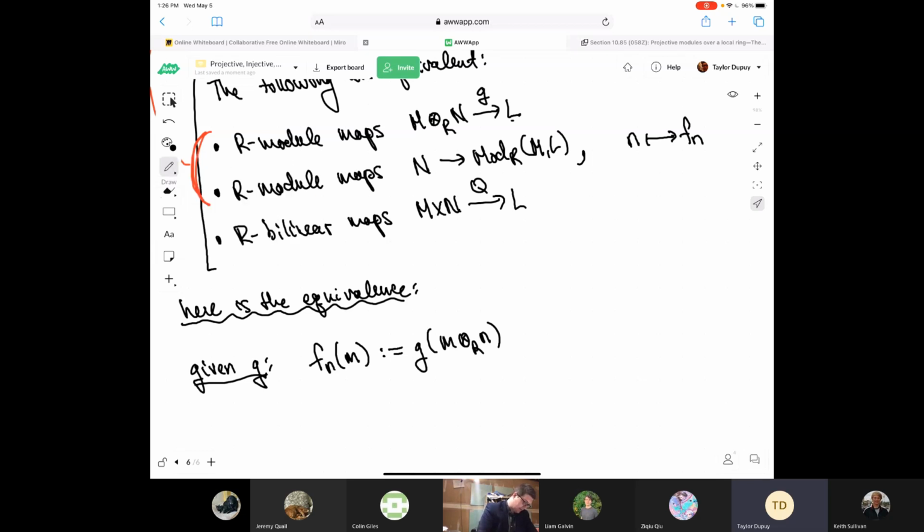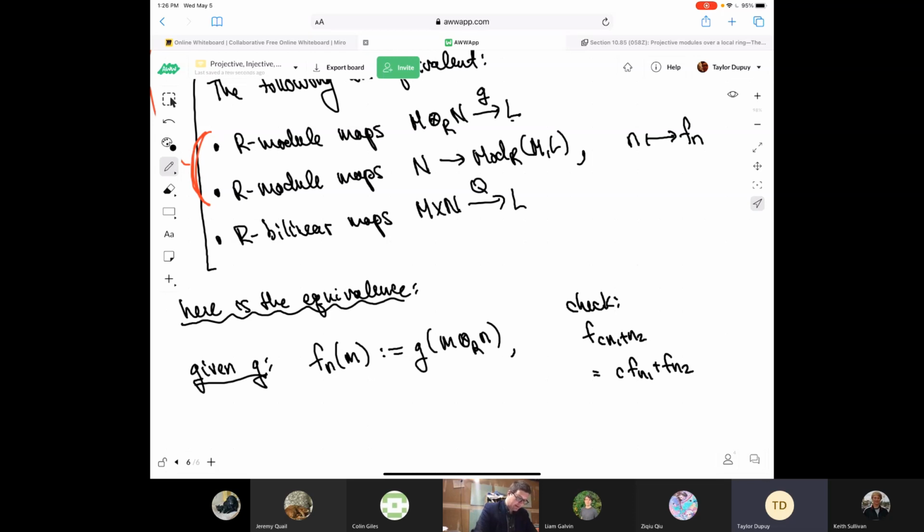Given this g, I can produce this function f_n, and you can check that f_n of (c n1 plus n2) is equal to c f of n1 plus f of n2. Remember that module maps are themselves a module.